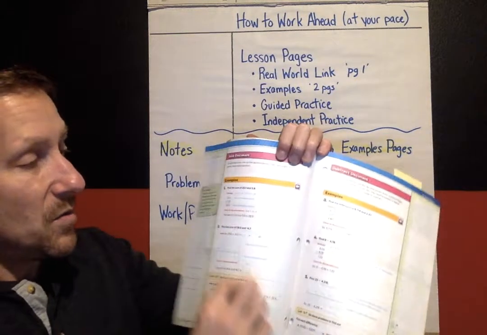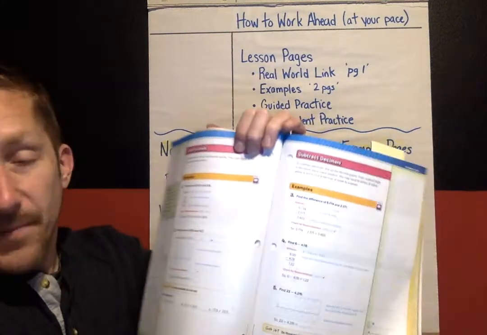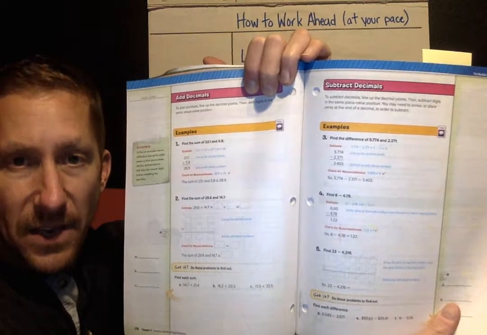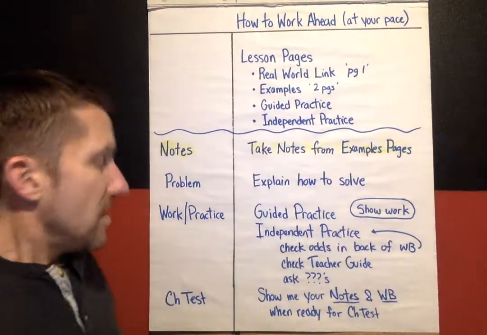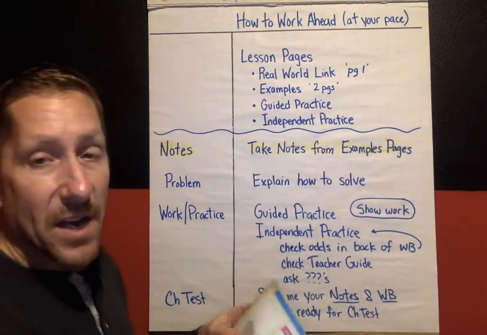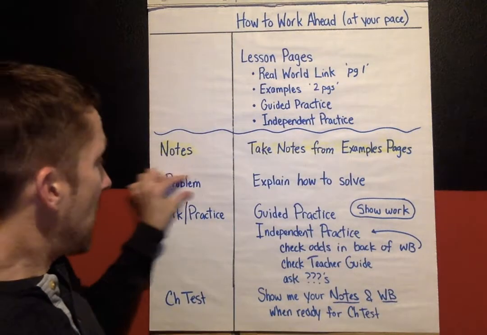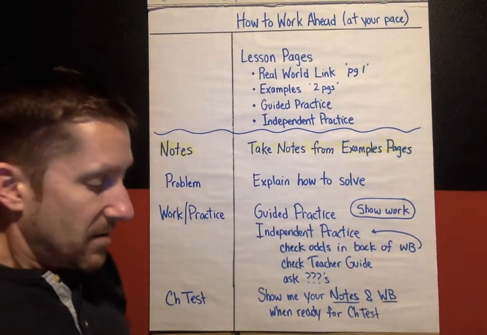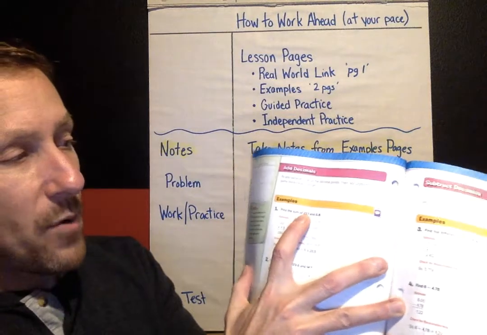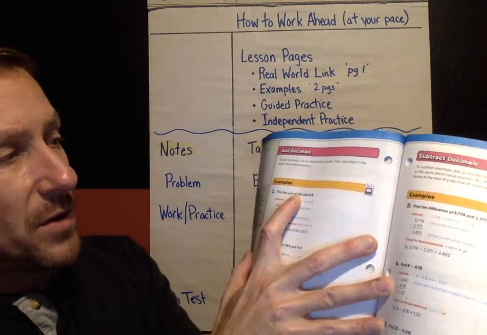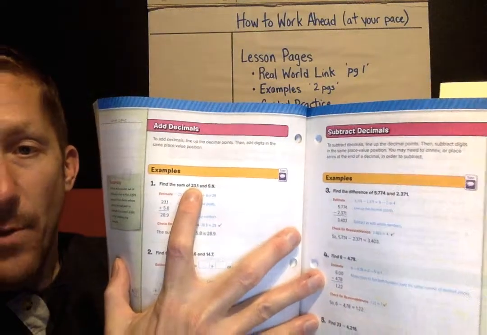I'm going to do an example, not all of the examples, because some of them are similar to each other. You can see that as you're looking at the examples, but you want at least one example from each kind of problem. So the problem would go here, and then I would explain how to solve it there. If I'm looking at this lesson, my problem would be find the sum of 23.1 and 5.8.